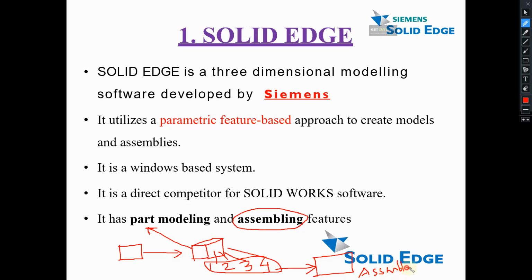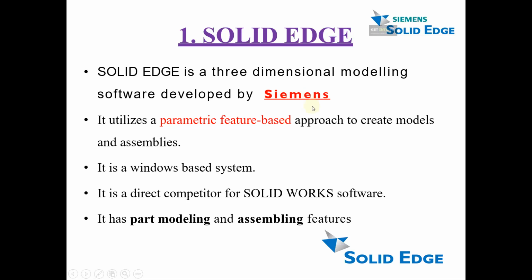A workbench is the area where you work. You open the assembly workbench and import all these individual part files. Then you perform the assembly of all these parts. All these parts can be moved relative to each other, and finally you will be doing the assembly. Such features are available in Solid Edge.